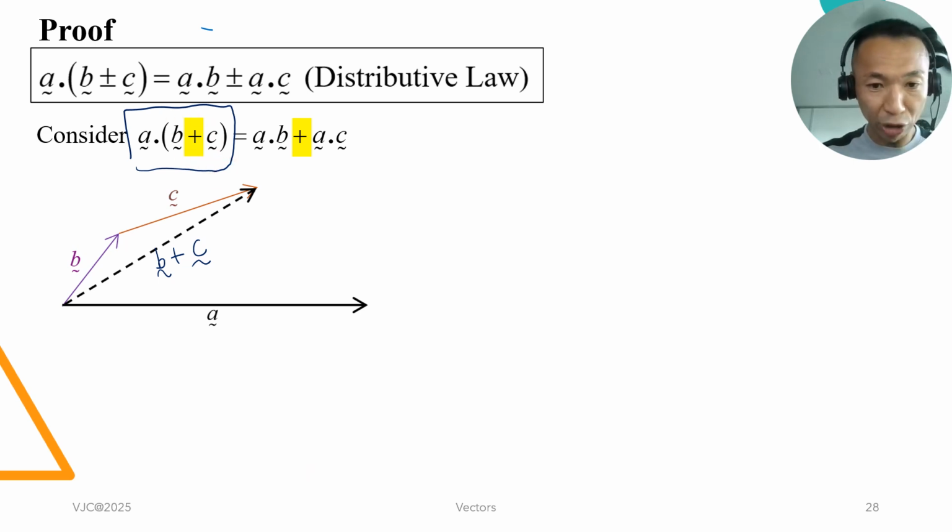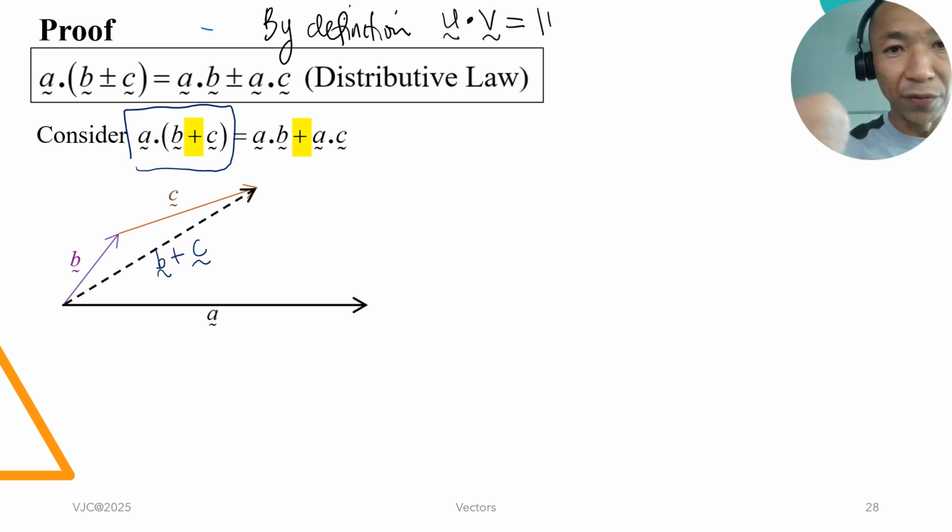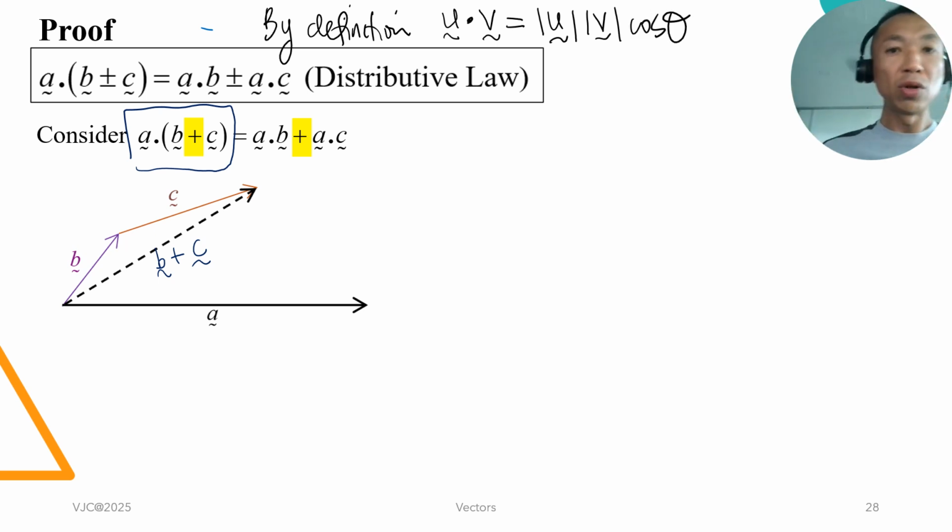By definition, again definition we don't question, by definition, any two vectors, let's use U and V for simplicity. Let's not confuse. Mod U mod V cosine theta, where theta is the angle between U and V. This is by definition.